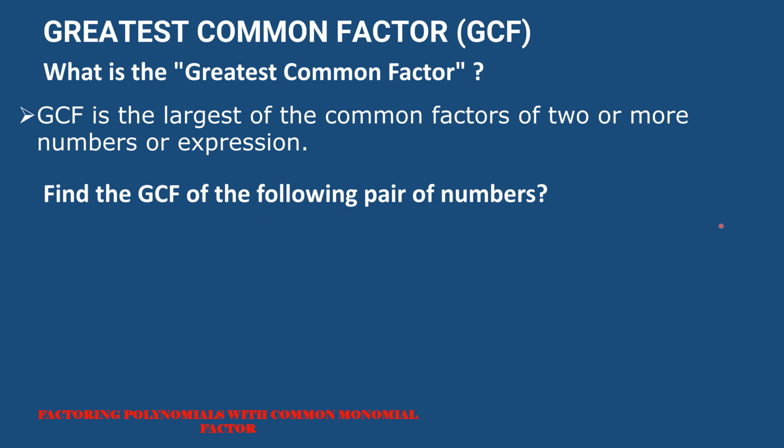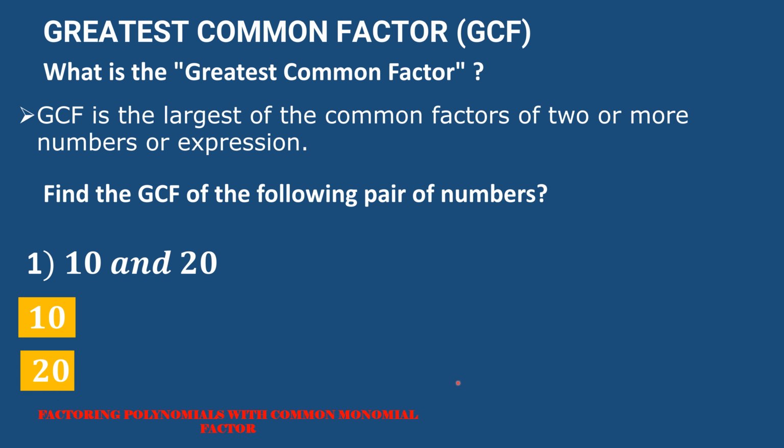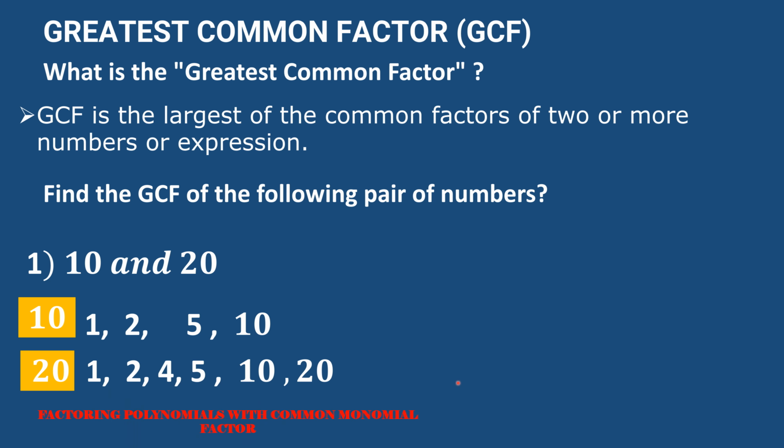Let us have this. We are going to find the GCF of the following pair of numbers. We are given 10 and 20, and first we need to get the factors of 10. The factors of 10 are 1, 2, 5, and 10, while the factors of 20 are 1, 2, 4, 5, 10, and 20.